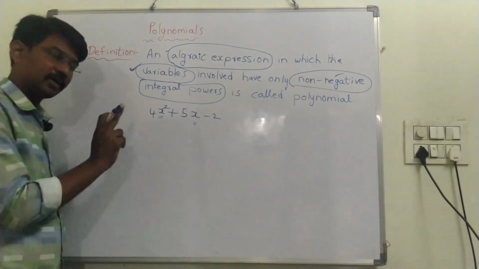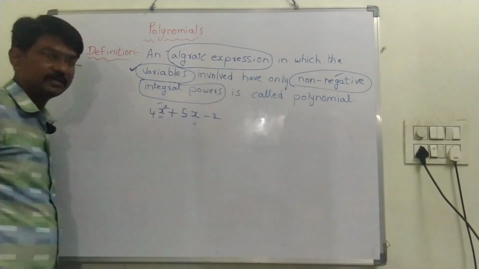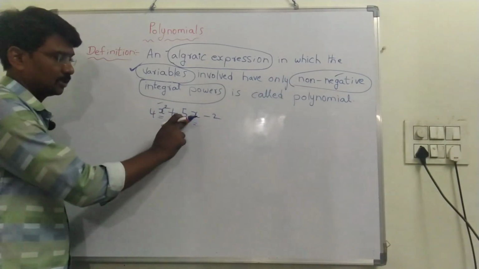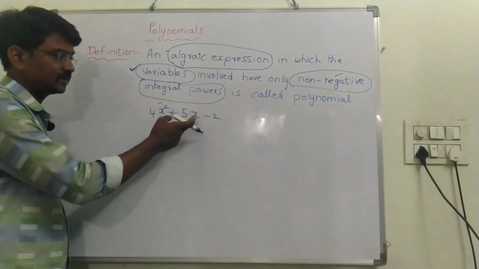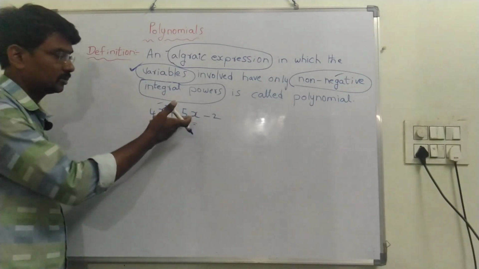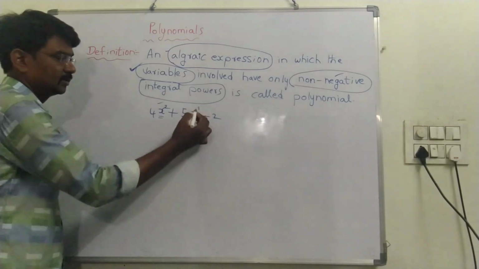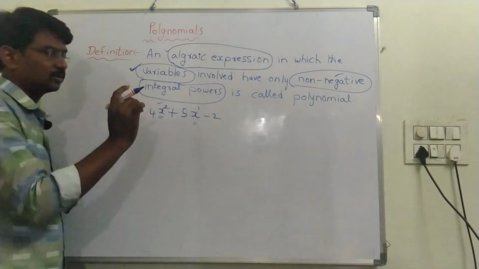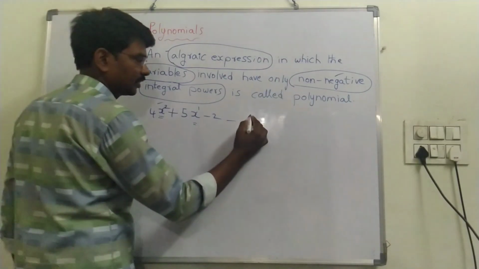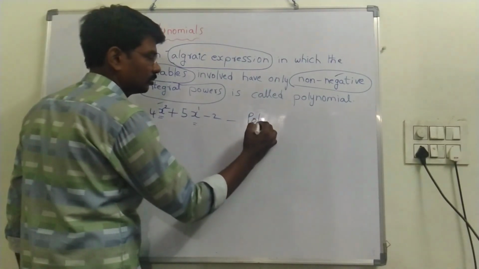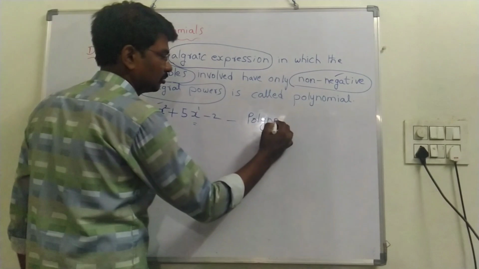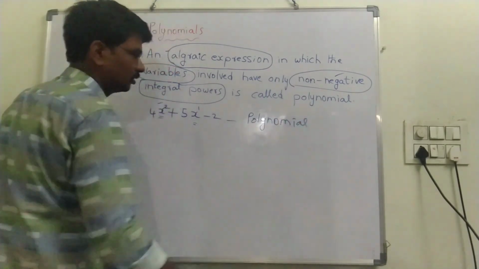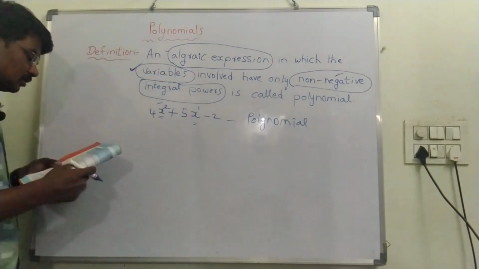Positive or negative? Positive. Okay, it is selected. Next, another variable, one more power is available in the variable power. What is here? 1. So, positive number. Is it a polynomial? Yes, it is a polynomial. Okay, good.